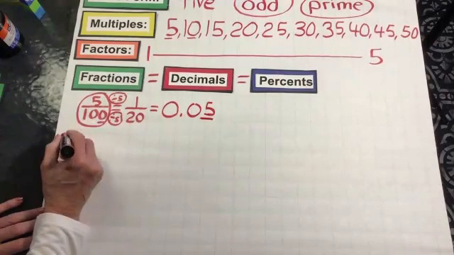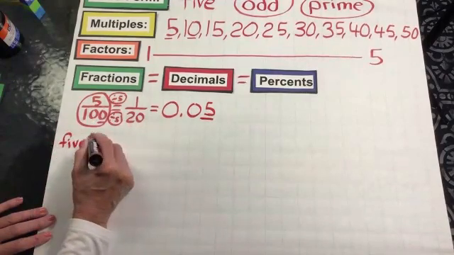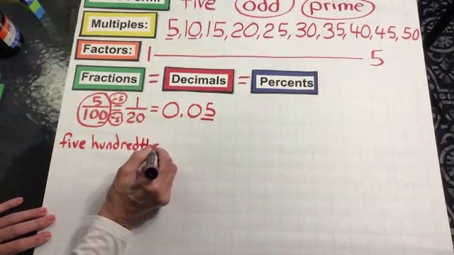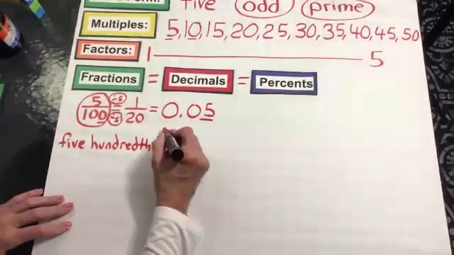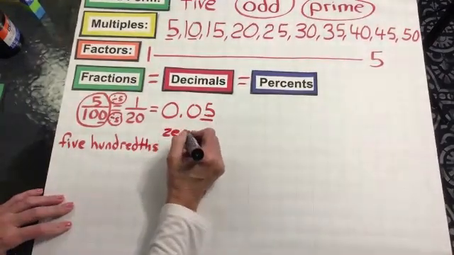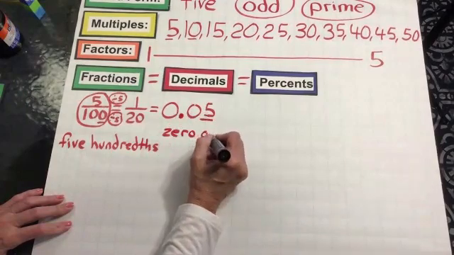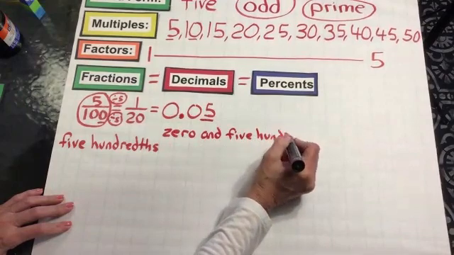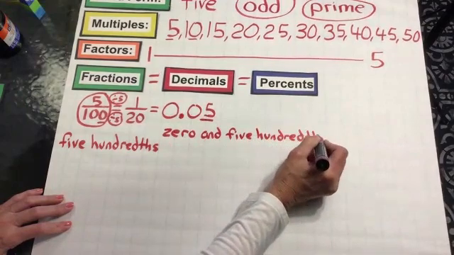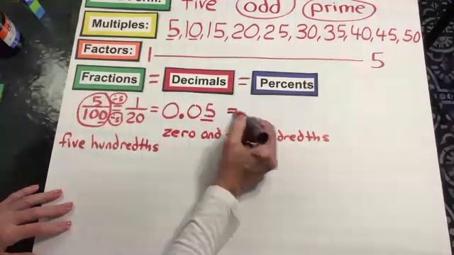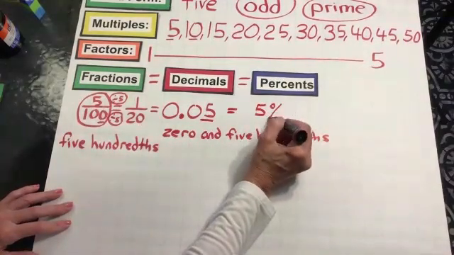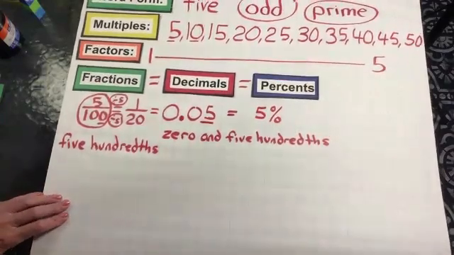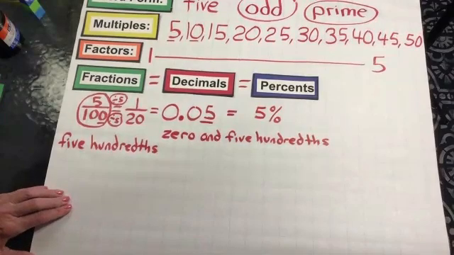We know that this is written 0 and 5 hundredths. And this is equal to 5%. So again, we walk into a store and we want to buy something and it's 5% off. That would be 5 cents out of every dollar.